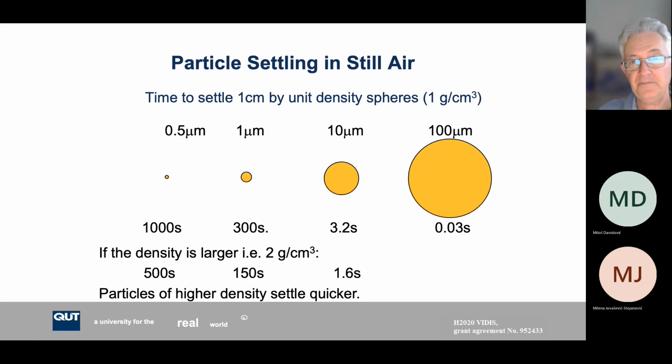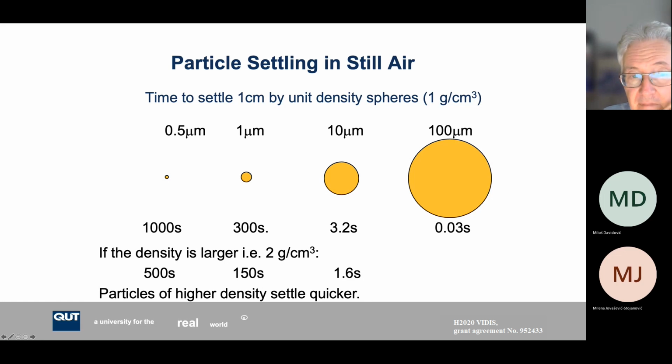So to understand the order of magnitude of changes in size and how the size influences, here is an example of how particles settle in still air. So imagine a room totally enclosed, so no wind blowing, no air exchange, and we release particles of different sizes from half a micron to 100 microns and let them float and see how quickly they fall.